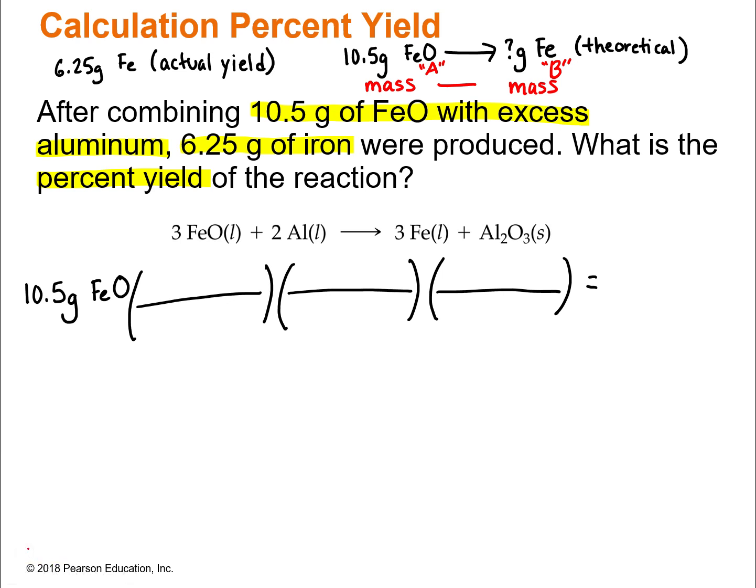First, we get from grams to moles. And this is the same chemical equation that we were using several slides ago for the limiting reactant problem. So you already have all of these molar masses, if you were able to get it down in your notebook. If not, I apologize.